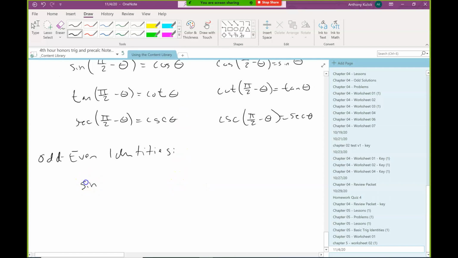Tangent is an odd function, so the negative on the inside can be moved outside. And if sine is odd, so is cosecant, its reciprocal. If cosine is even, so is secant. If tangent is odd, so is cotangent.